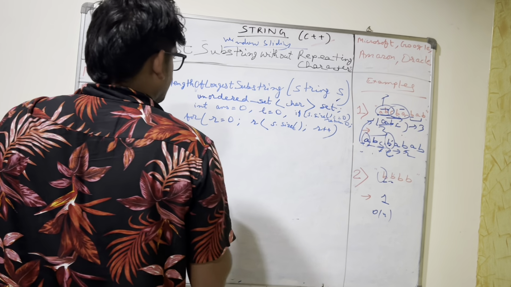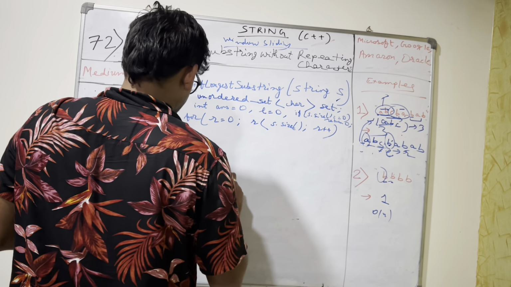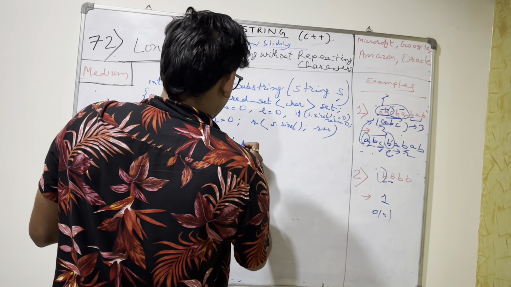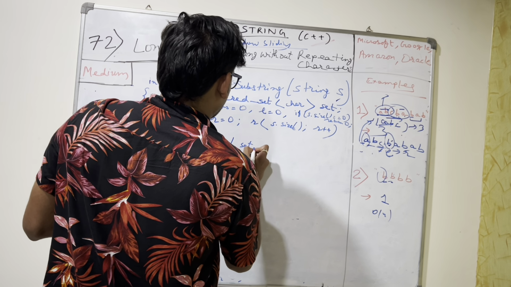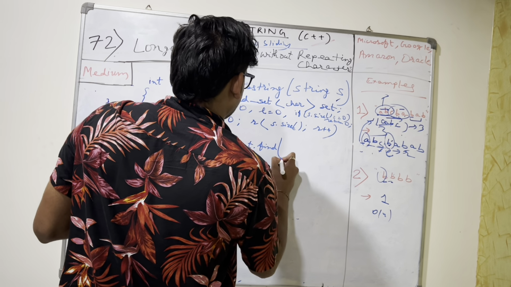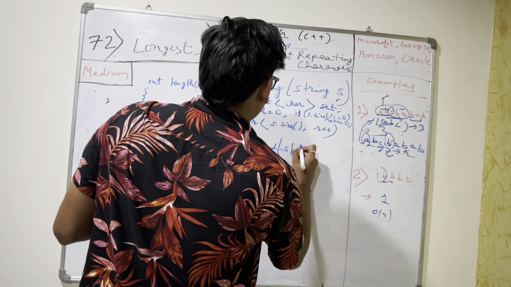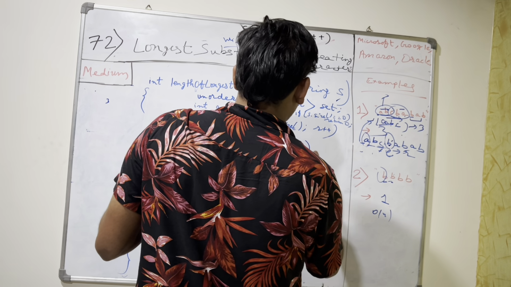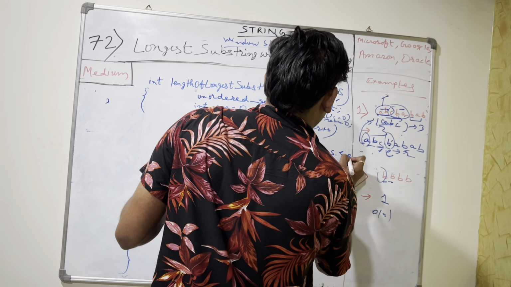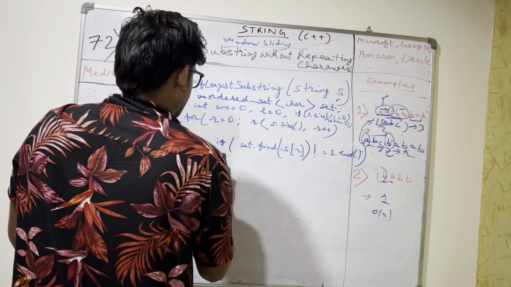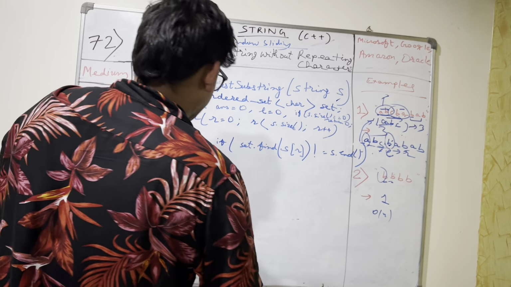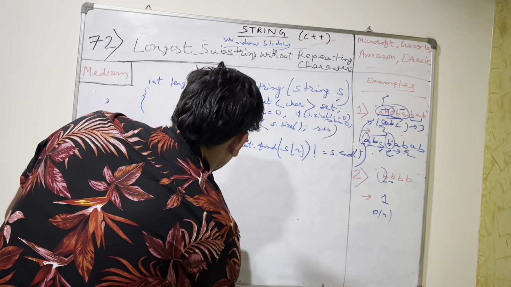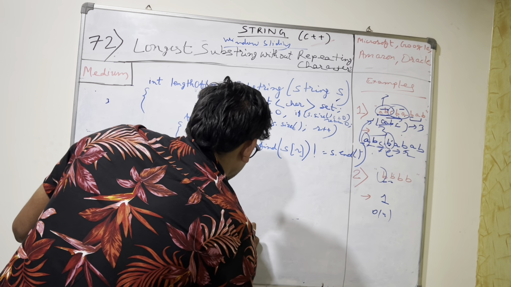Now what you need to check is set dot find: if in the set you find that s of R is present in the set, that means it is a repeat. And if it is not present in the set, that means it's a unique element, so you just need to insert that element into the set.